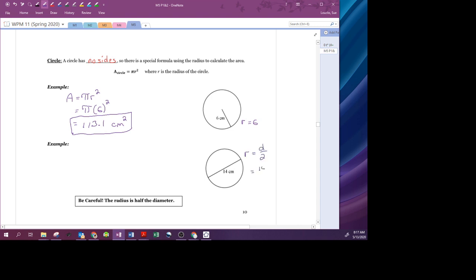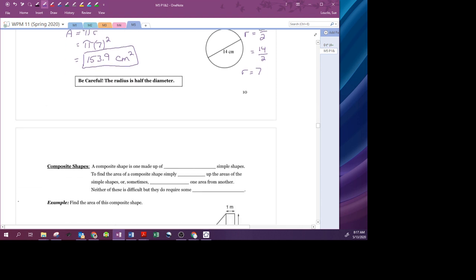So my radius is 14 divided by 2, so my radius equals 7. Area equals pi r squared equals pi times 7 squared, and that's 153.9 centimeters squared. Make sure that you're using the radius and not the diameter.